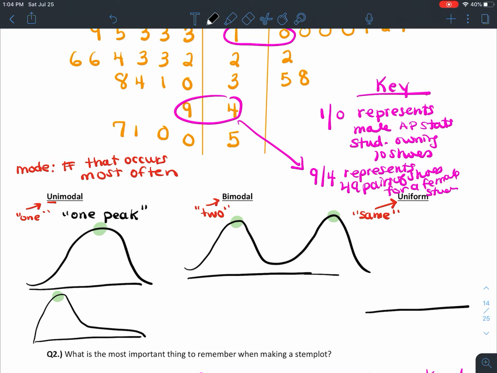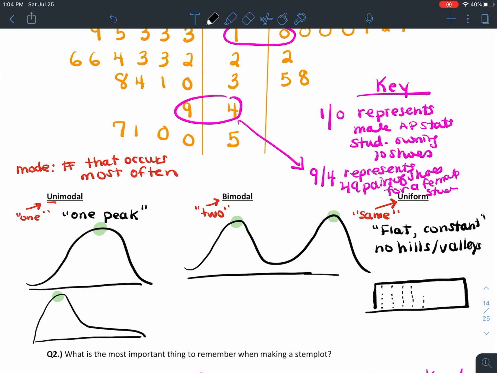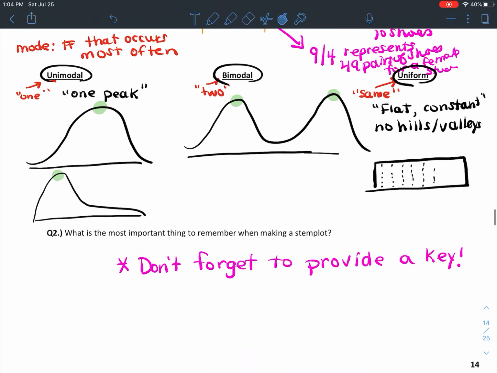And a uniform graph is going to be flat and constant. So there are no hills or valleys, or essentially it looks like there aren't any. It's kind of just flat, straight across the top. It'd be like a dot plot where everything showed up about the same amount. That's what we call uniform.